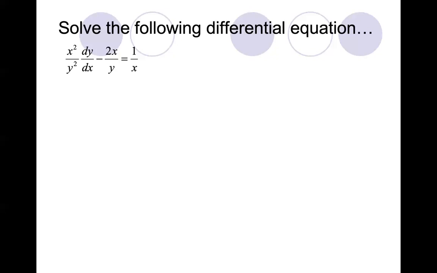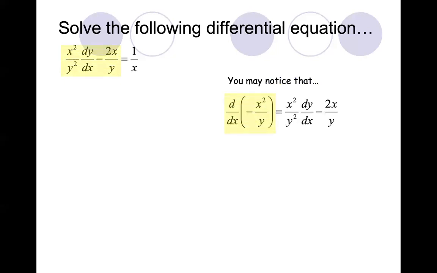X squared divided by y. X squared divided by y. Yes. Negative x squared on y. We'll give you that.